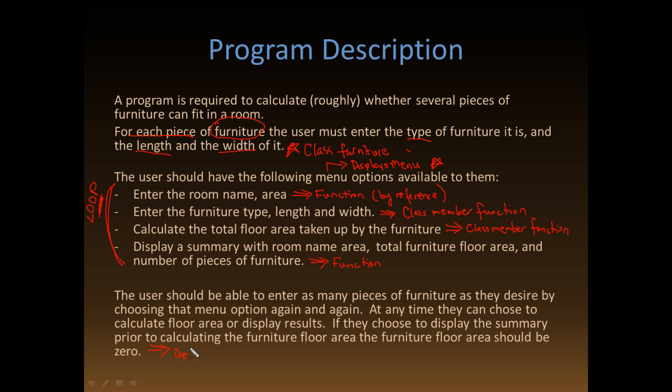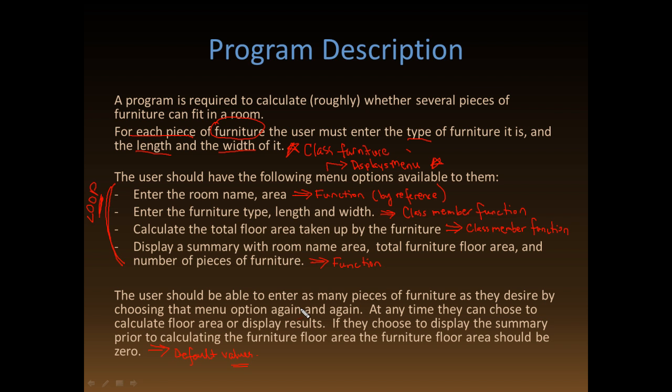So that's just a note, that we should have some default values in our program. So what we don't want is for the program to have an error if they try to pick that option.